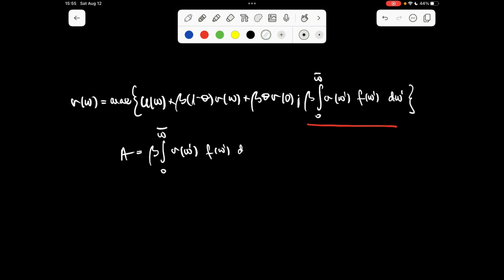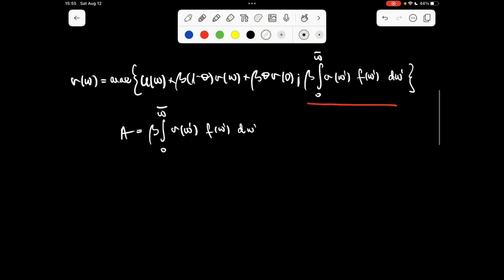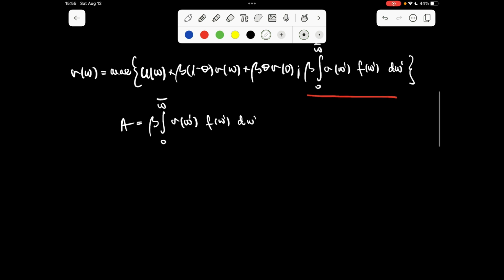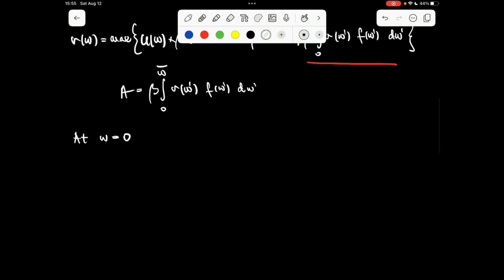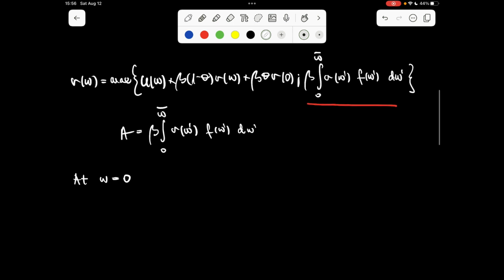We don't know the value function. We only know that there is a value function, and the expected value of the value function with respect to a probability measure, this is a density function, leads to a constant. Then we note that at zero wage, the acceptance line, so this is the acceptance line.